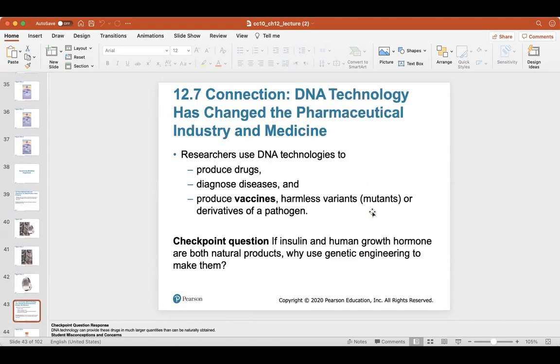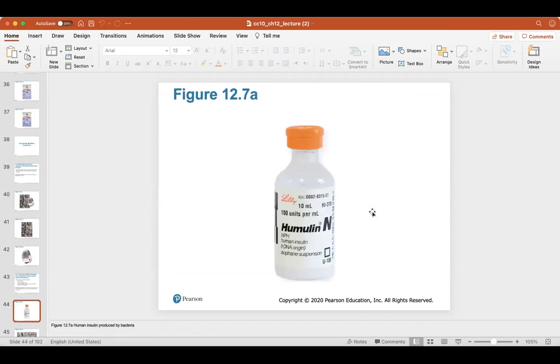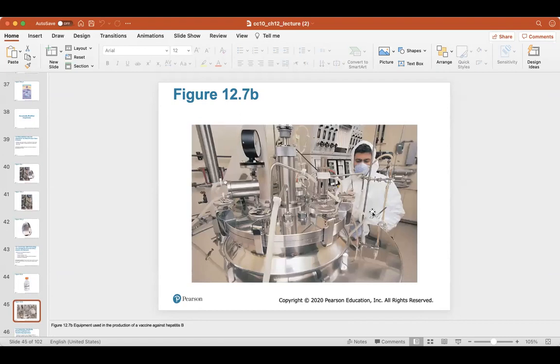Researchers can use these DNA technologies to produce drugs, diagnose diseases, and also produce vaccines, which are harmless variants or mutants or derivatives of a pathogen. So here's a look at human insulin produced by bacteria and equipment used in the production of a vaccine against hepatitis B.